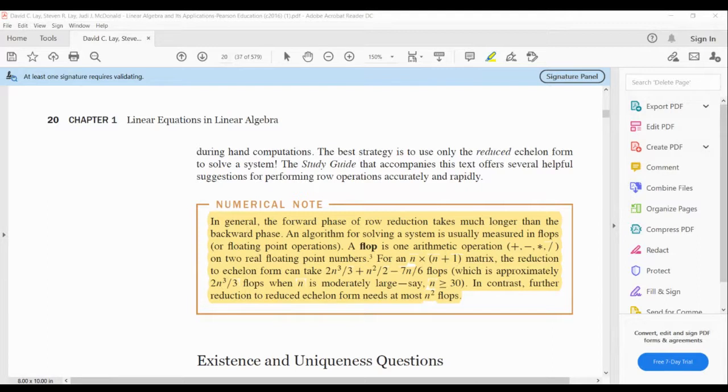These issues don't come up with smaller matrices, but even with modern computing power, if you have a large dense matrix, meaning there are not many zero entries, the number of flops is important because it relates to the computing time. And you're going to have a MATLAB assignment that deals with that as well.